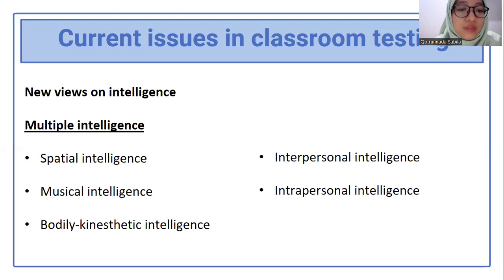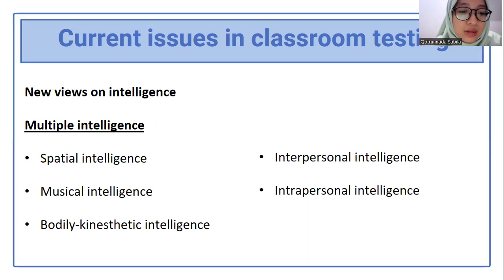There are five other frames of mind in the theory of multiple intelligences. There is spatial intelligence, the ability to find your way around an environment and to form mental images of reality. And then musical intelligence, the ability to perceive and create pitch and rhythmic patterns.